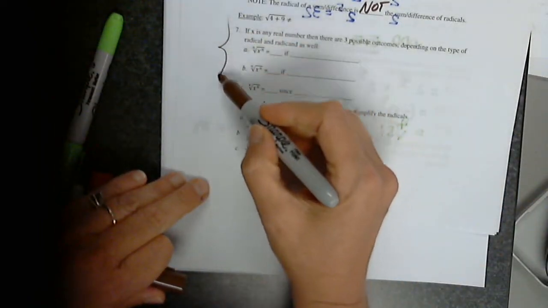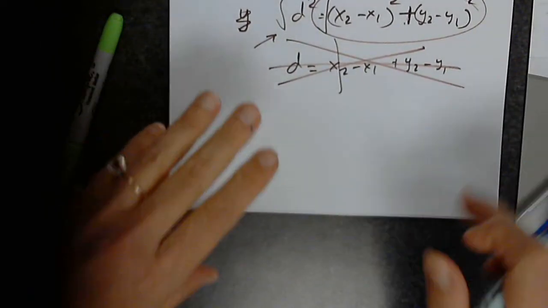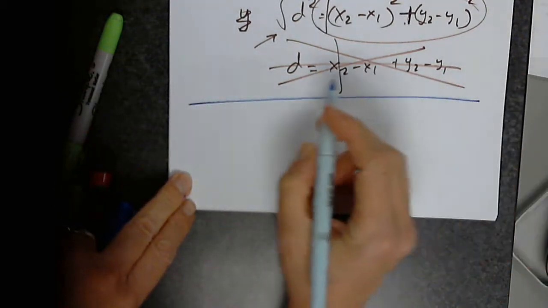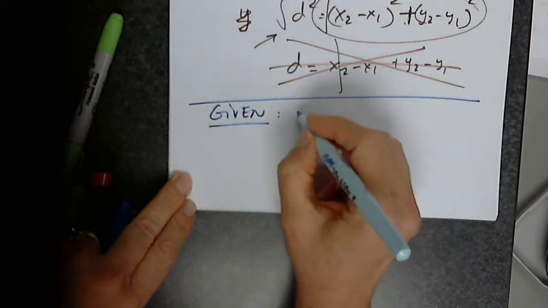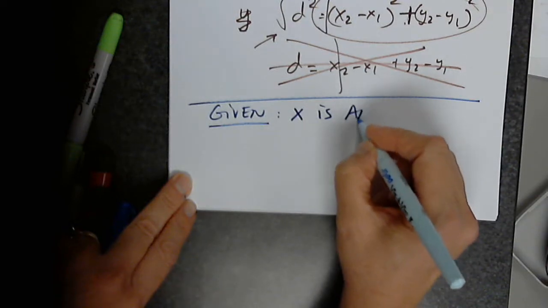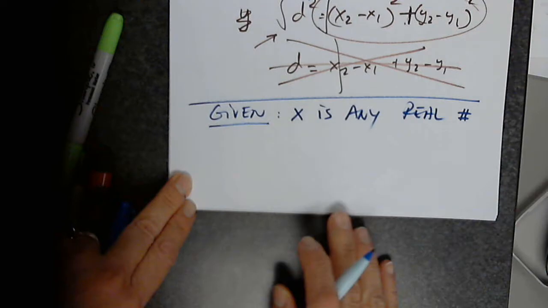Now, this is a very important discussion. So let's discuss this before we look at those examples. Okay. Let's suppose this is given to us, that x is any real number.